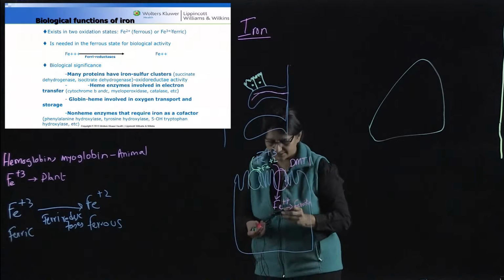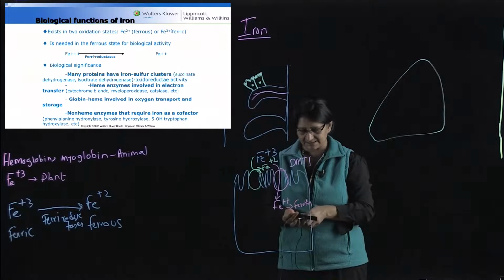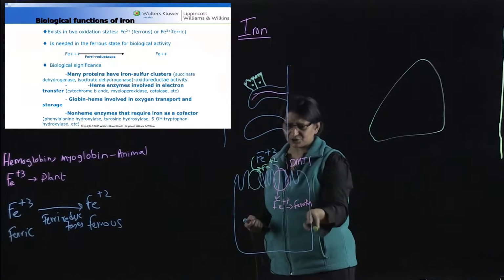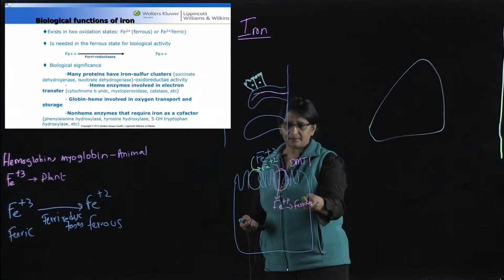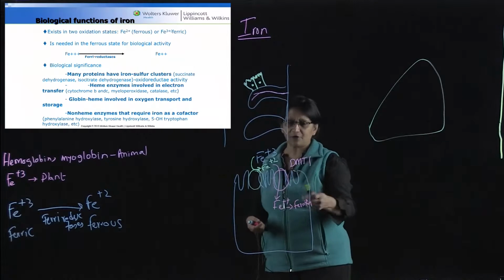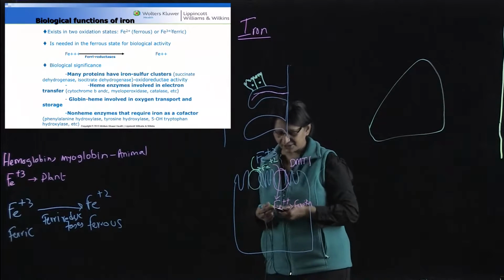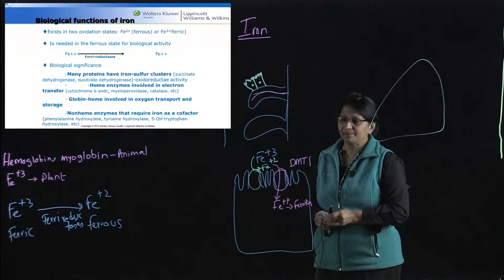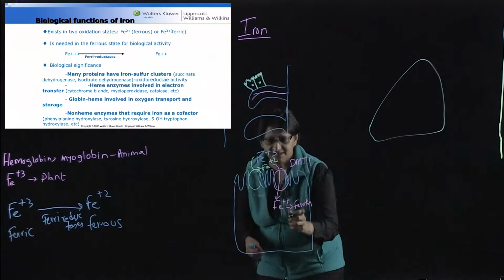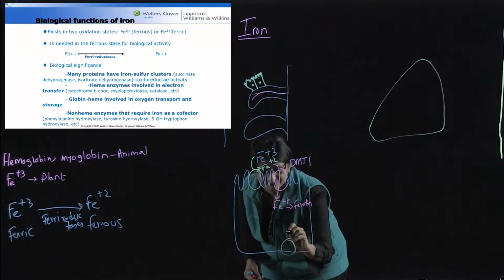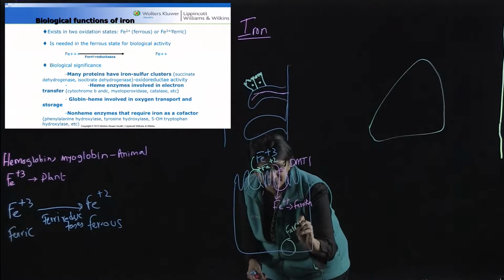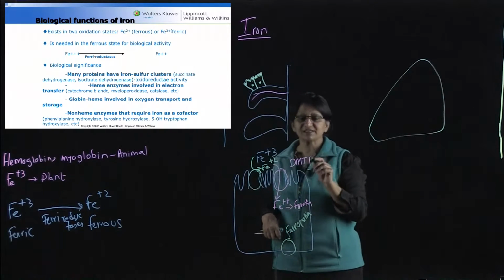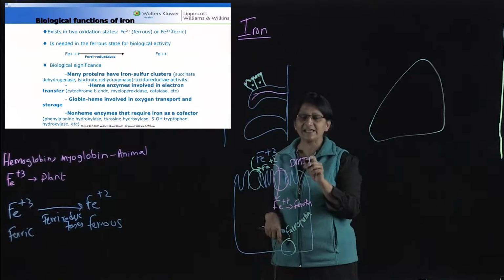And another thing that can possibly happen is the efflux, or the bringing out of the iron into the circulation. The way in which that happens is that there is a protein by the name of ferroportin, which is responsible for iron efflux.